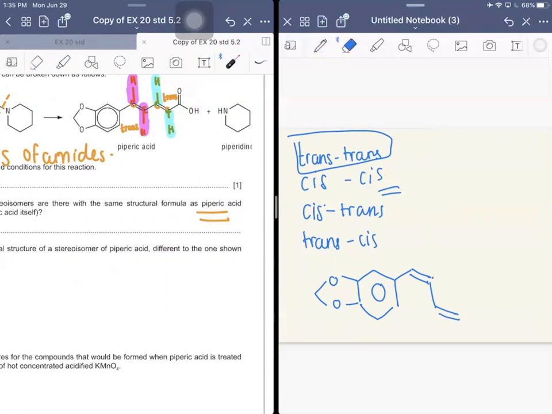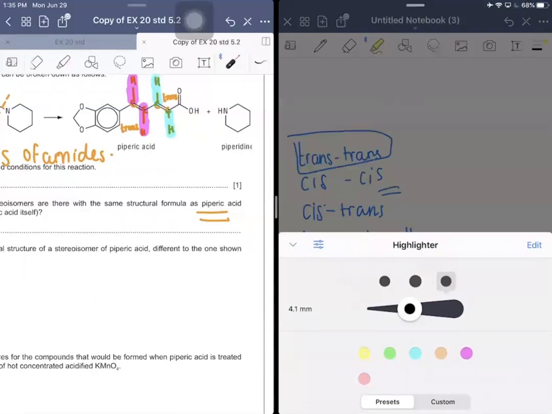And then my COOH also needs to be cis. Oh, it says skeletal. I'll just draw out the hydrogen first, so you can see how they are cis, but later on you need to erase them because they want you to draw the skeletal formula.